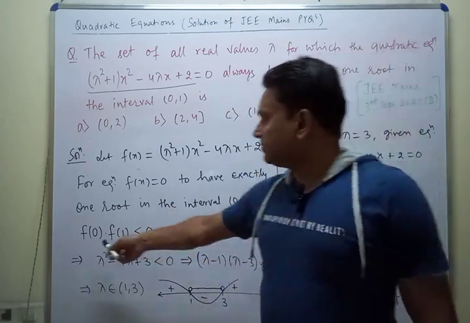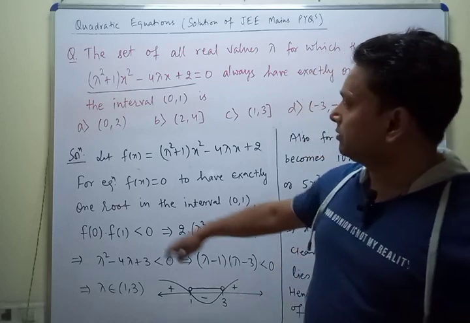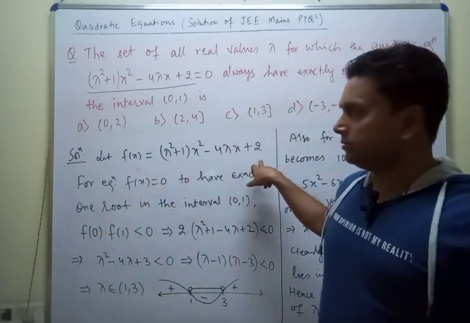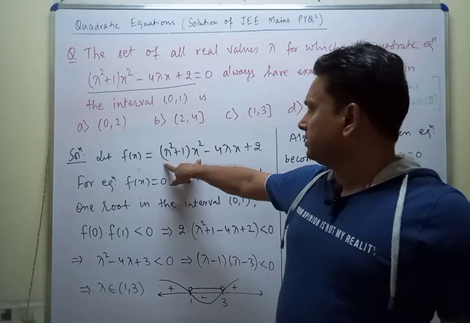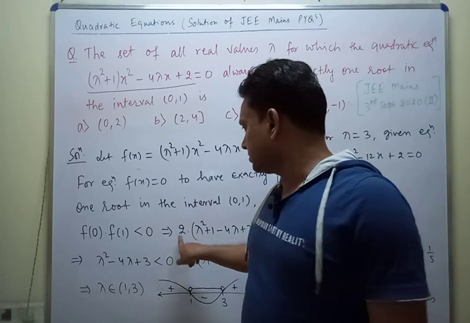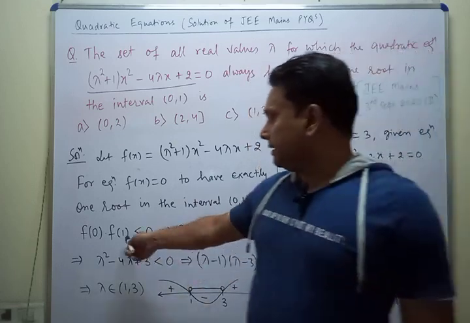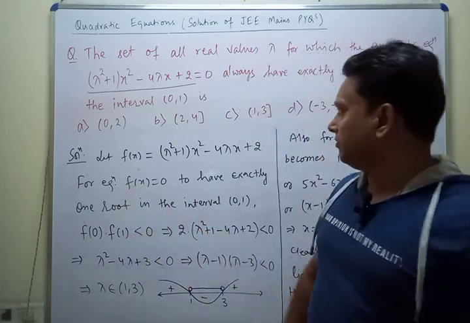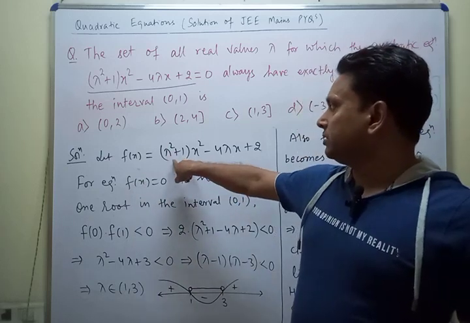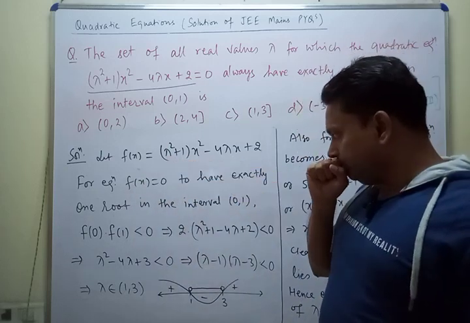So this will imply, f(0) is what we are going to put. We are going to substitute x equals 0 in this expression. We will get f(0). So this will be 0, this will be 0, and only 2 will be there. f(0) is 2. And when we put x equals 1, we are getting f(1).